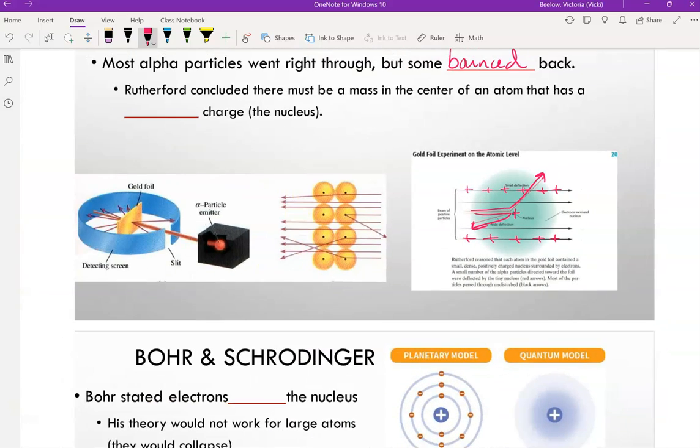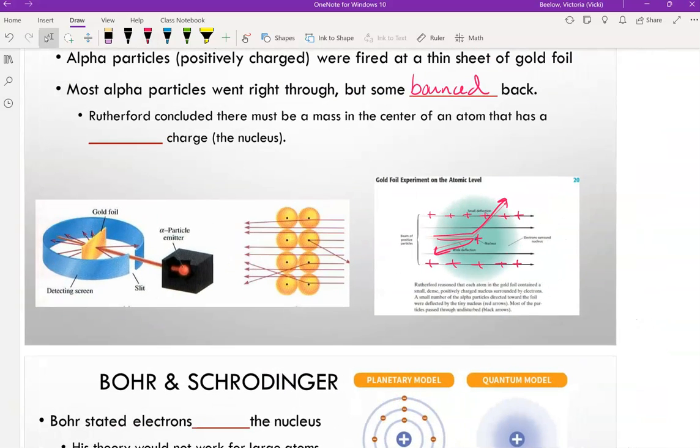And so he concluded that there must be something at the center of the atom that has mass and also has a positive charge. And that is what we call the nucleus, which, yes, does have a positive charge, and does have mass. We also have neutrons present in the nucleus.